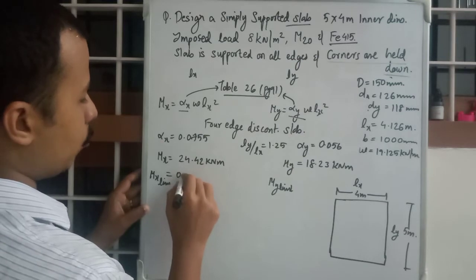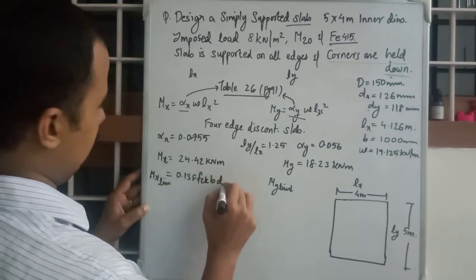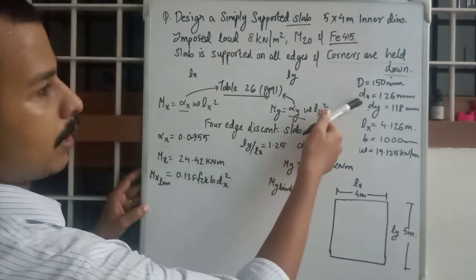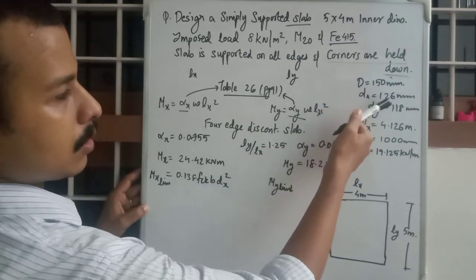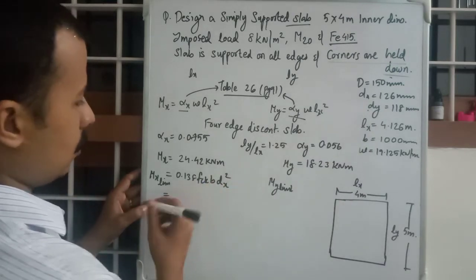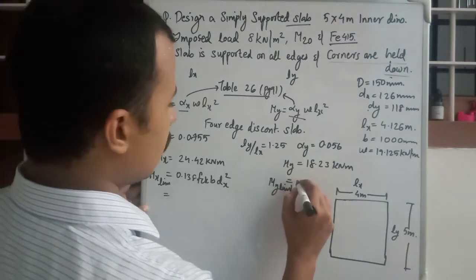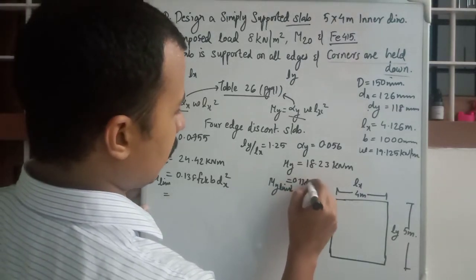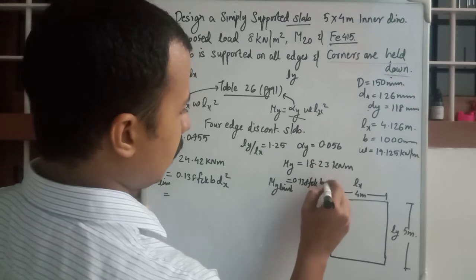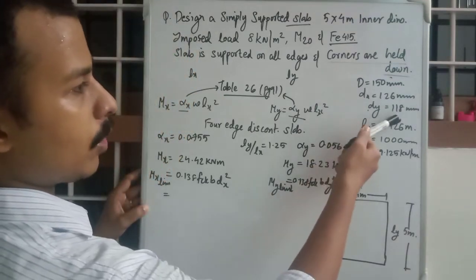The equation is simple as it is. For Fe415, 0.138 FCK B dx square, and this value is 0.126 mm. Okay, so we all know the rest of the values. In this it will be 0.138 FCK B dy square. Dy will be 118.